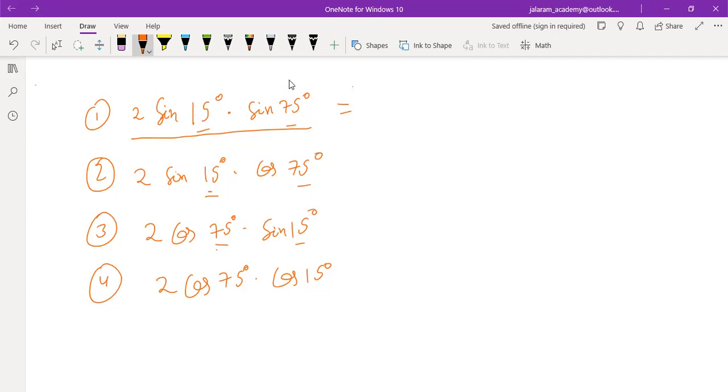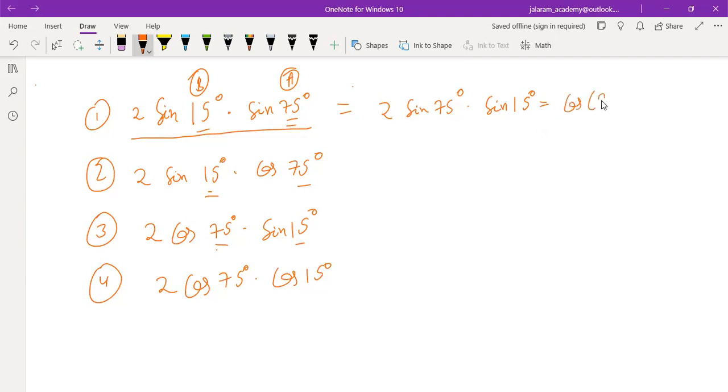Always remember, before using the formula, A must be greater and B must be smaller. We take 75 degree as the greater one and 15 degree as the smaller. So it is 2 sine 75 degree into sine 15 degree. What is the formula for 2 sine A sine B?